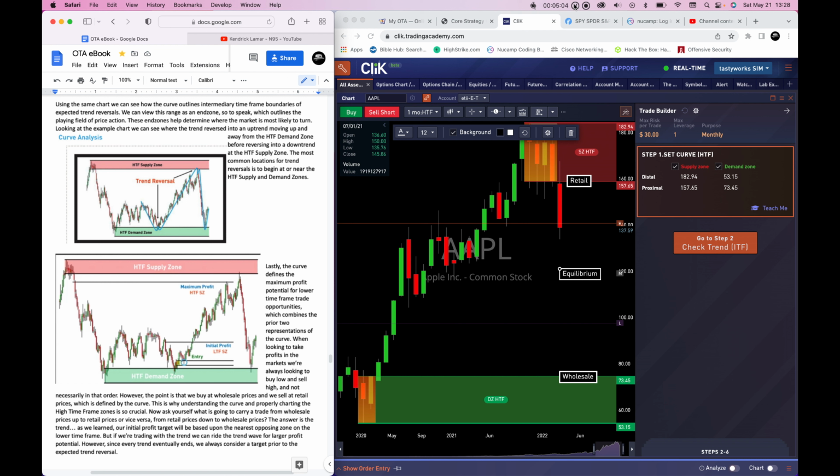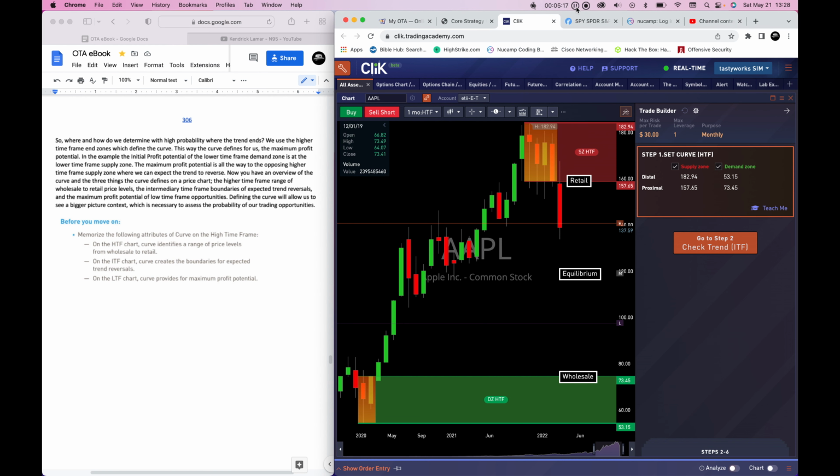However, since every trend eventually ends, we always consider a target prior to the expected trend reversal. So where and how do we determine with high probability where the trend ends? We use the higher time frame end zones, which define the curve. This way, the curve defines for us the maximum profit potential.